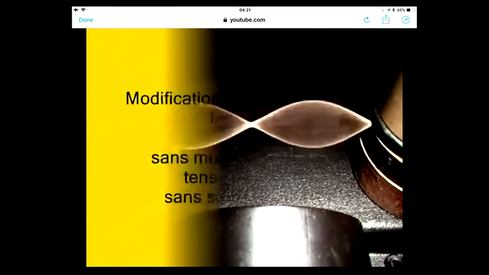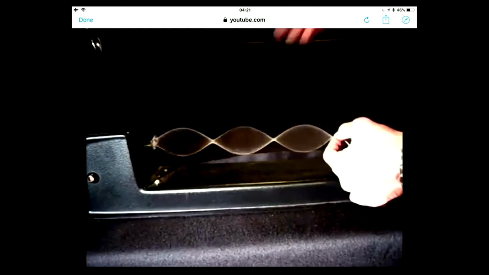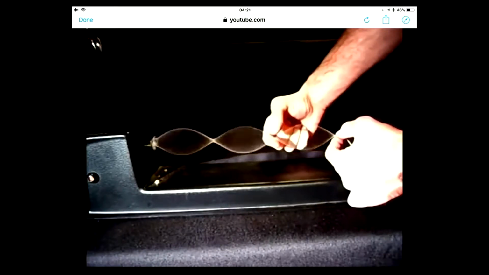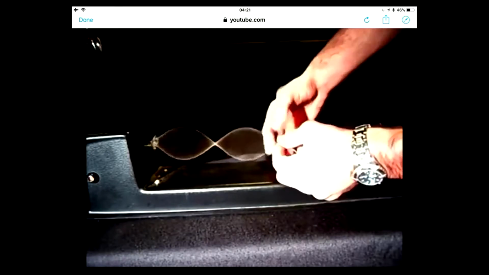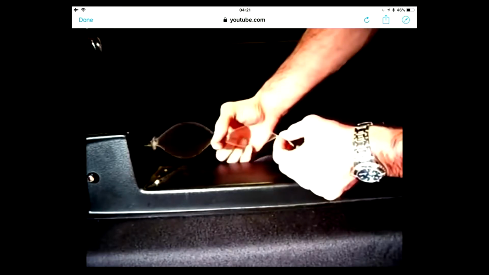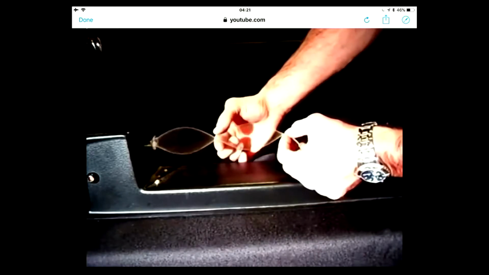All the others have decayed. So this person is having fun. Clearly we are changing the dynamic system here, because you are clamping the string at different places.